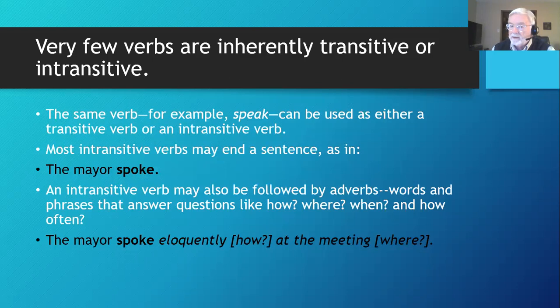An intransitive verb may also be followed by adverbs, words and phrases that answer questions like how, where, when, and how often. Here's a more expanded example. The mayor spoke eloquently, answering the question how, at the meeting, answering the question where.